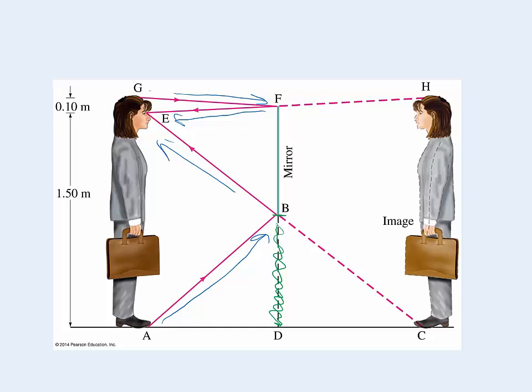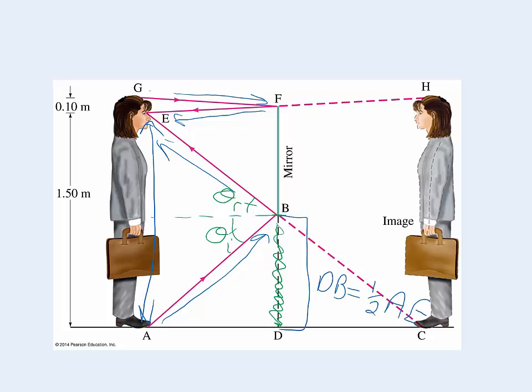Okay, well, keep in mind that theta I equals theta R, the angle of incidence equals the angle of reflection, as we just said a minute ago. So those two angles are equal to each other. So what that means then is that dB must be equal to half of AE because of similar triangles. Now remember, E is to the eye.